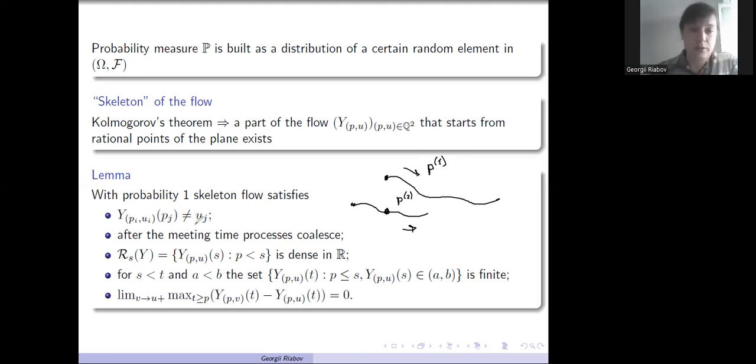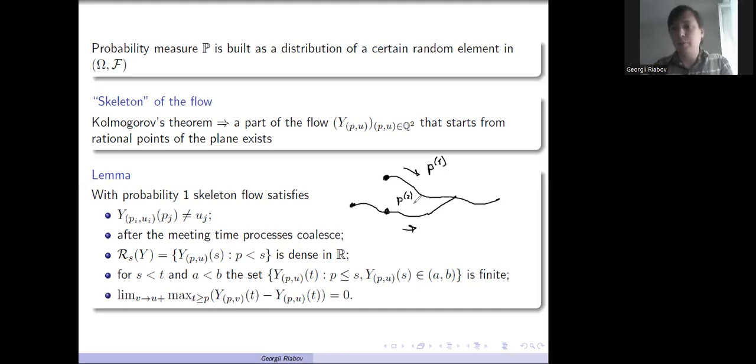Then we need the following properties of processes y. So first of all, every process y_{p,u} never hits the starting points of other processes. This is a consequence of the absence of atoms in one-point motions. The second property is that when 2 processes meet, they coalesce.